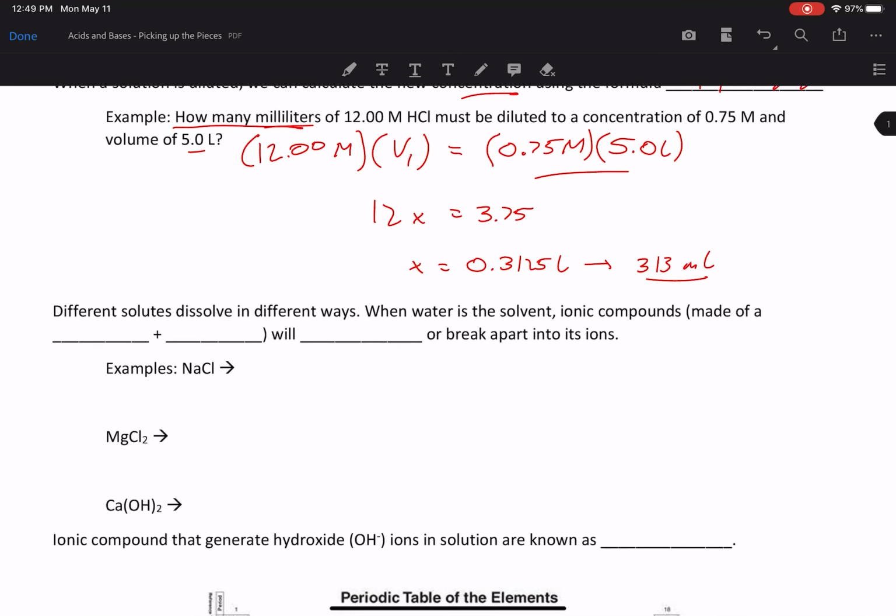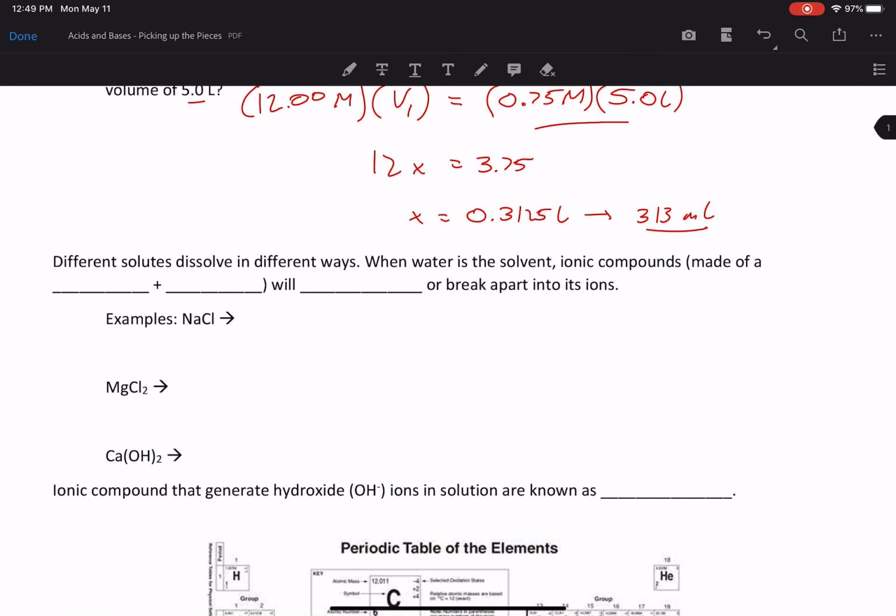All right, so different solutes dissolve in different ways. When water is the solvent, ionic compounds, which are made up of a metal and a nonmetal, will dissociate, which basically means they're going to break apart into their ions once they're dissolved in that water.